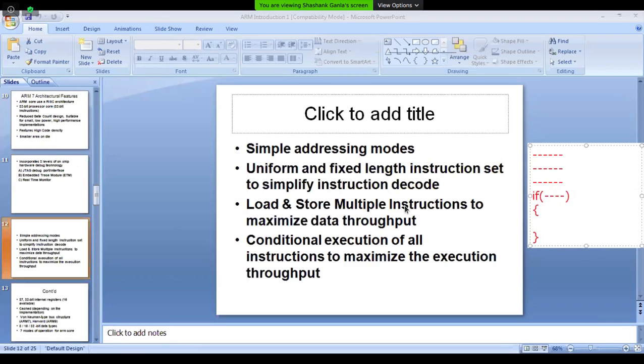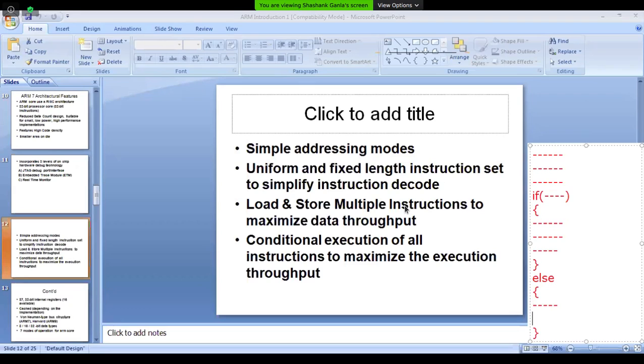Next, suppose I use else, with more instructions following it. So listen up, guys. Assuming that this is a program and all these lines are instructions, you can assume it like that.